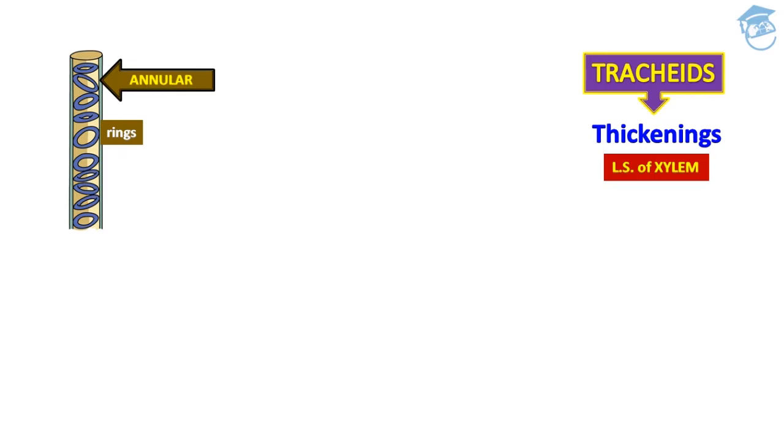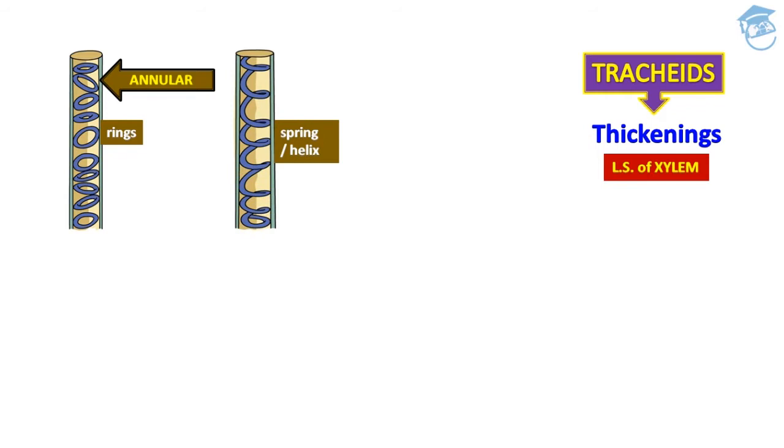So first is annular. Annular, you can say, is one in which secondary thickening is in the form of rings, which are placed more or less at equal distance from each other. As you can see, these are the lignin rings which are placed more or less at equal distance from each other. So this is annular thickening.